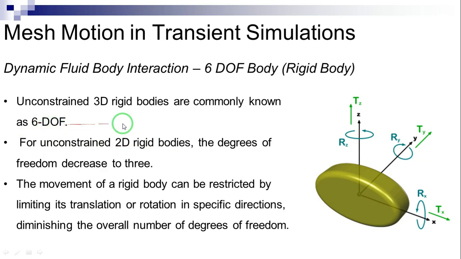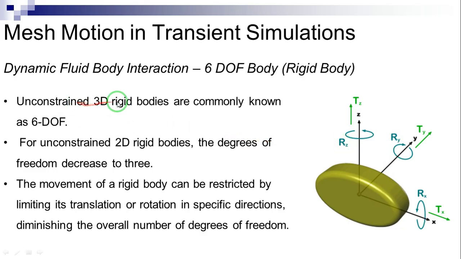Based on this figure, Tx, Ty, and Tz represent the shifts or displacements along the x, y, and z axes accordingly. Rx, Ry, and Rz denote the rotations around the x, y, and z axes respectively.